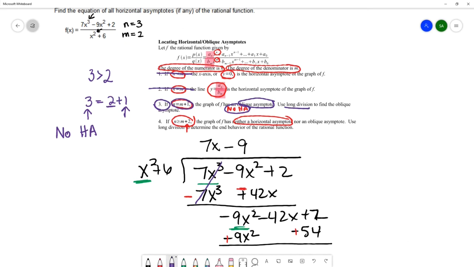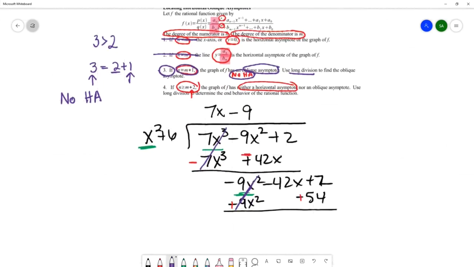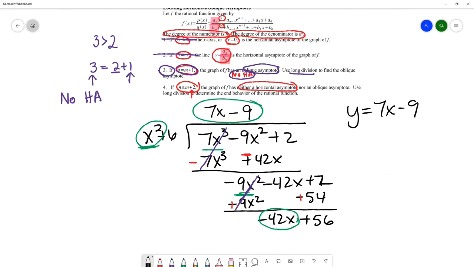We'll cancel out that first term, and you carry down the negative 42x, and 54 plus 2 would be 56. And now, because this power is lower than this power, we're now at a stopping point. And what you see up here is going to be the oblique asymptote. y equals 7x minus 9 is the oblique asymptote for that rational function.